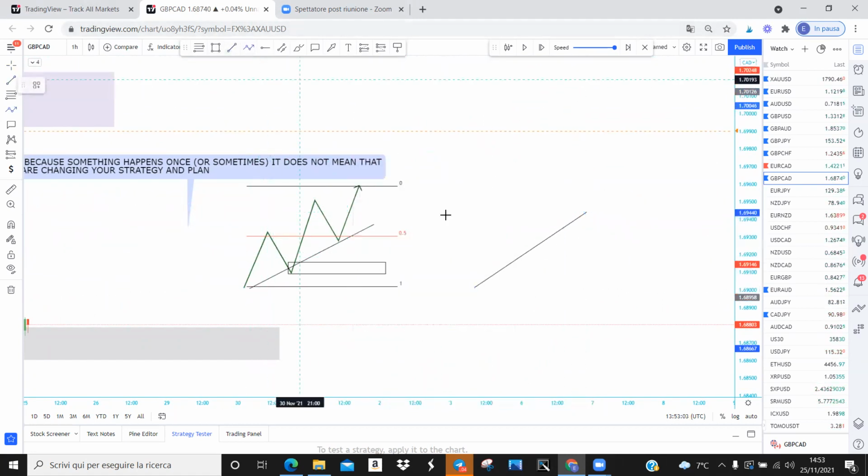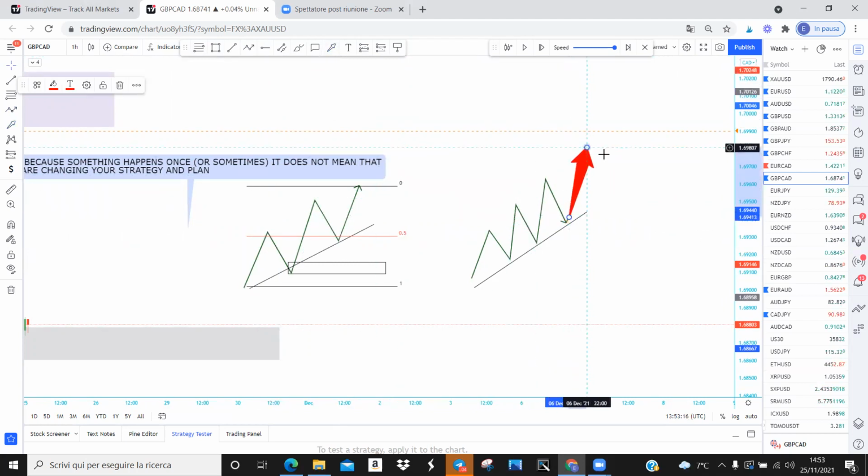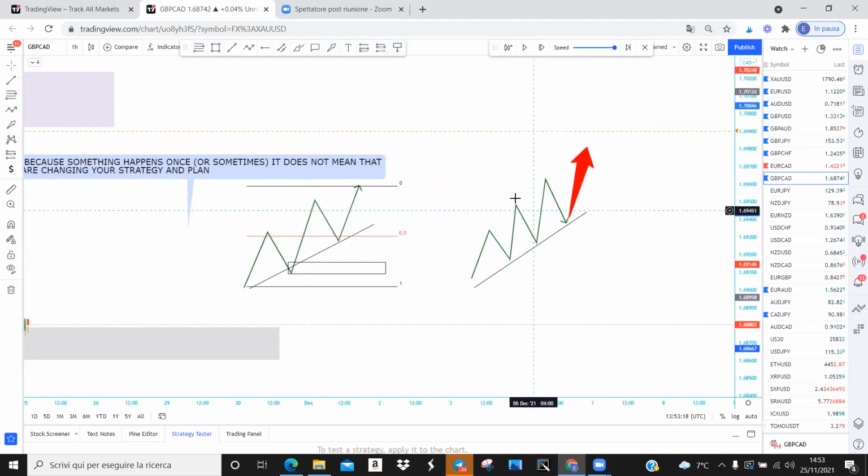You see the first touch, second touch, we're coming back, you want to enter at your third touch, and it actually holds, and we go to the upside, and I used to win some trades doing this, of course.